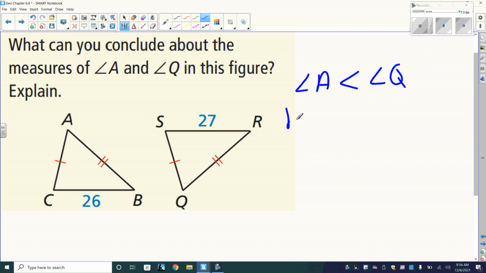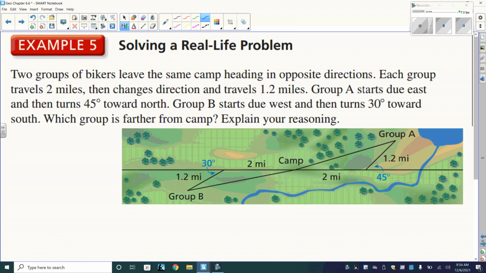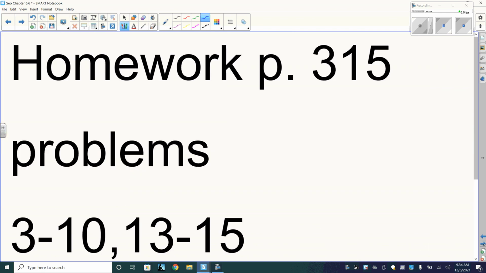Is greater, we could say because SR is greater than CB. Any other questions on this here? We're not going to worry about that, but that is it. That is all we're doing for today. And that finishes chapter 6.